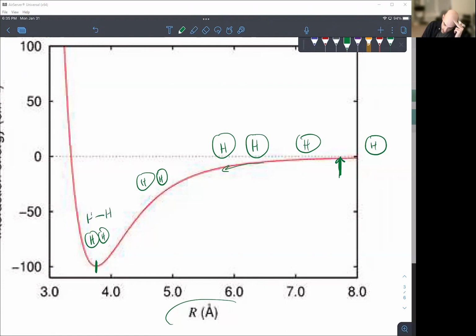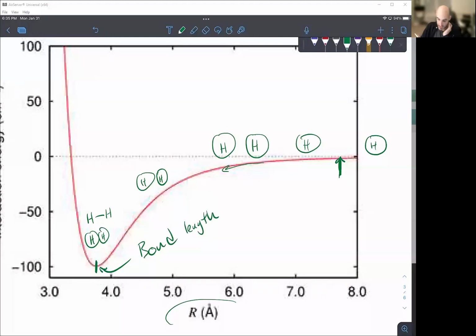So I have two hydrogens that are bound together at that point. Okay, so they've got a perfect distance from one another. We have created a bond. By the way, I know the atomic radius of a hydrogen-hydrogen bond is about 1.4, 1.5. So I know this is not hydrogen, it's probably like carbon or something like that. Anyway, we bring those things close together and we have a bond length.